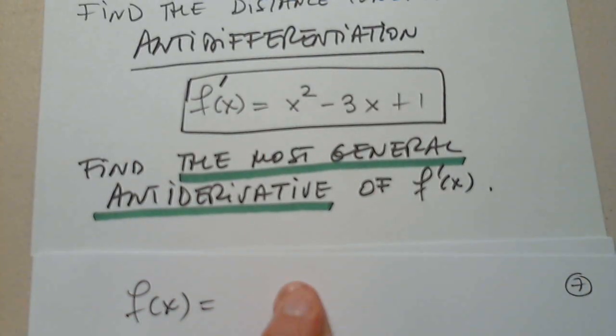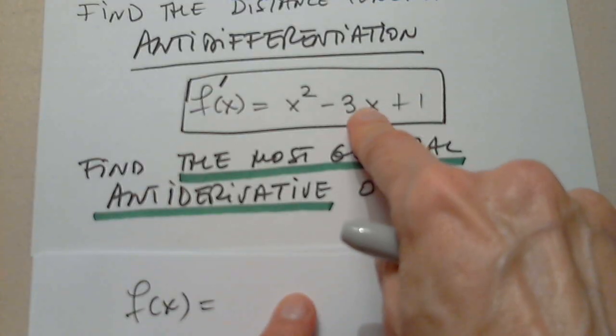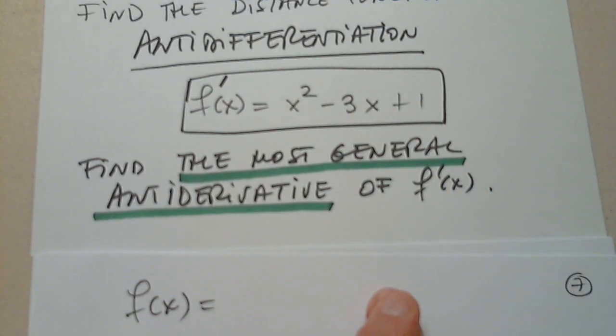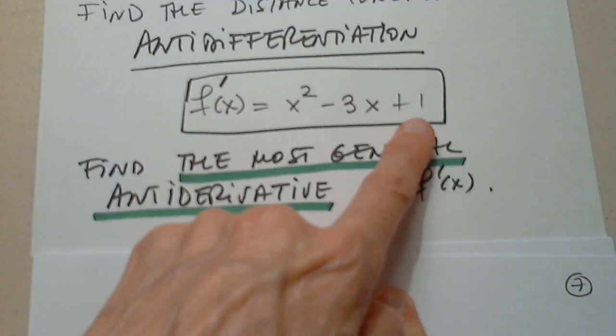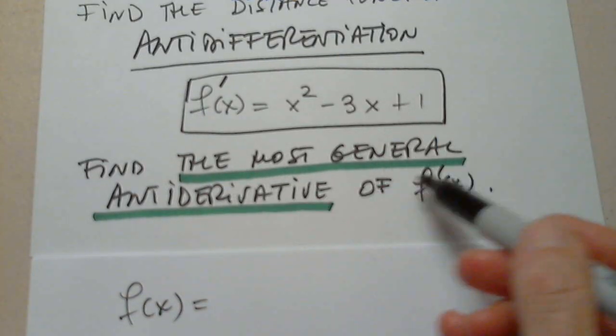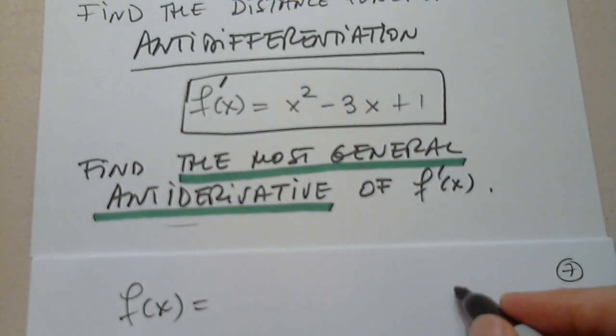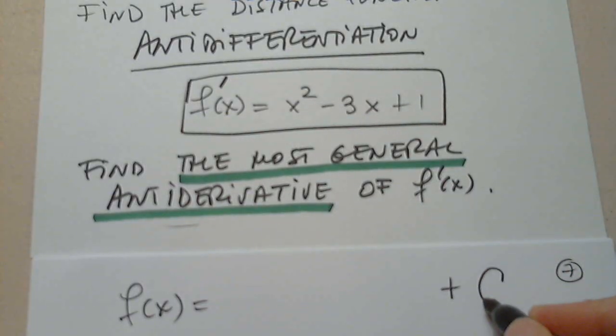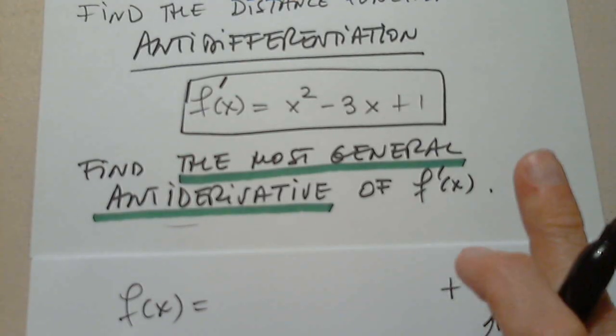When I differentiate the second piece, I get negative 3x. When I differentiate the third piece, I get 1. But also, the most general antiderivative, I have to have a c here. C stands for any constant. And you'll see in a minute why.